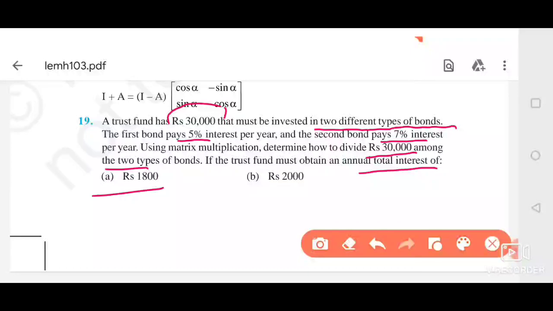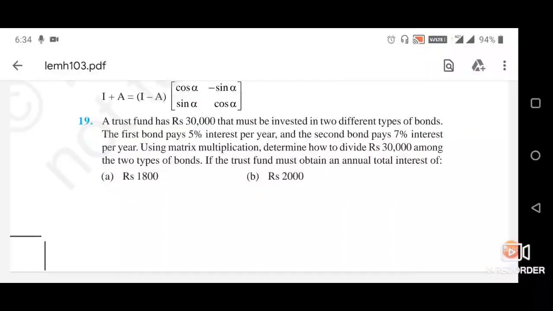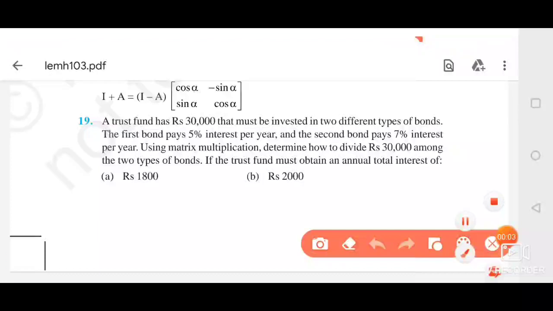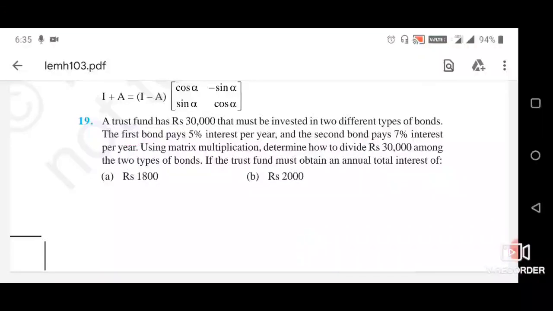Using matrix multiplication, we have to determine how this 30,000 is divided among the two types of bonds, if the trust fund must obtain an annual total interest of rupees 1800. Total interest means the interest we will get from both the bonds. Now let us see the solution of question number 19a.